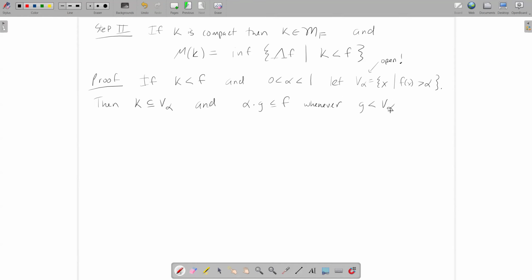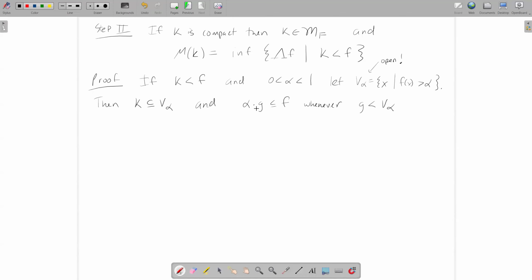If the support of G is contained in V alpha, then that means that if G is not equal to 0 at x, then f of x is greater than alpha, okay?